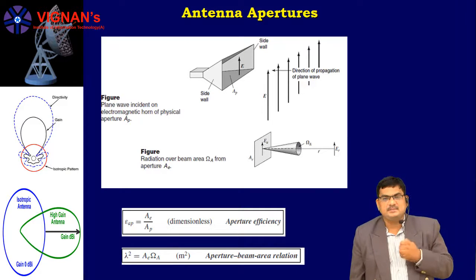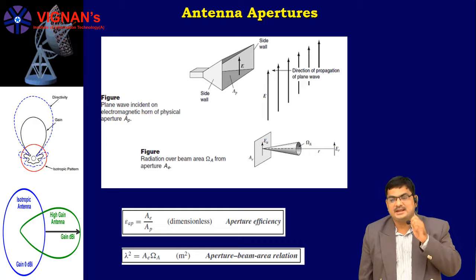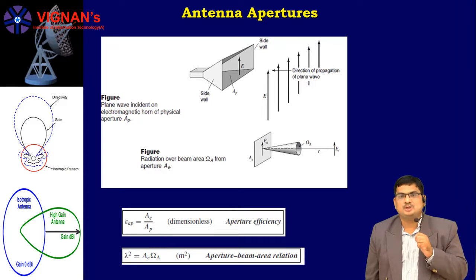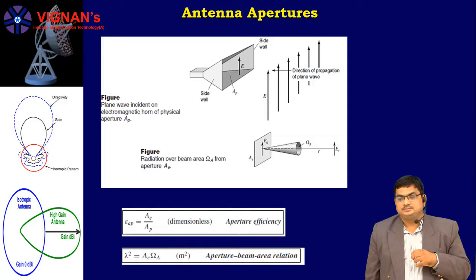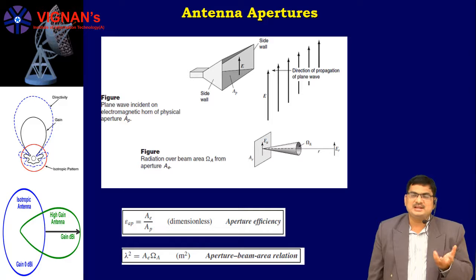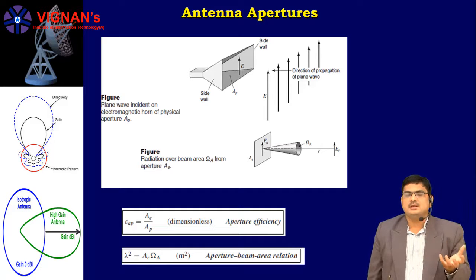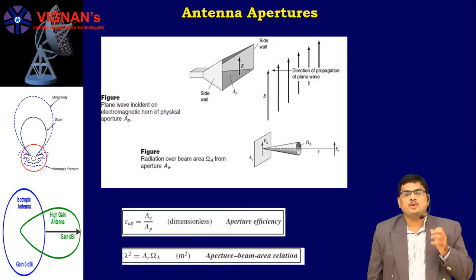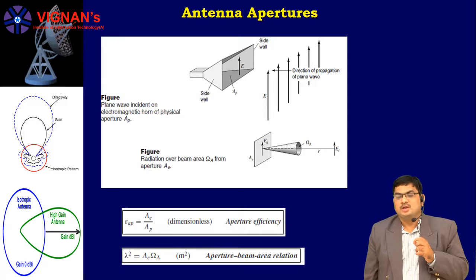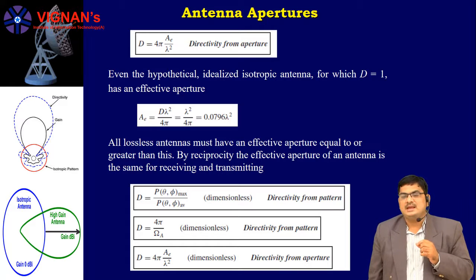The relation between aperture and beam area is lambda square equals the effective area into the beam area, that is lambda square equals AE into omega A. And we can define directivity in terms of effective aperture: D equals 4 pi into AE by lambda square.